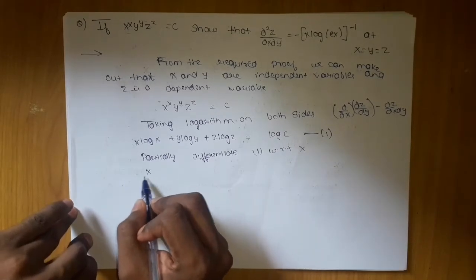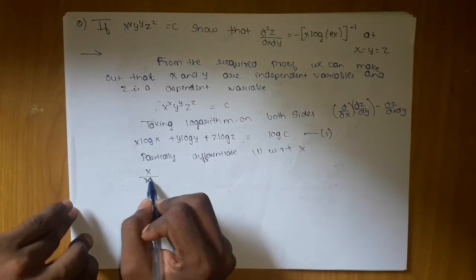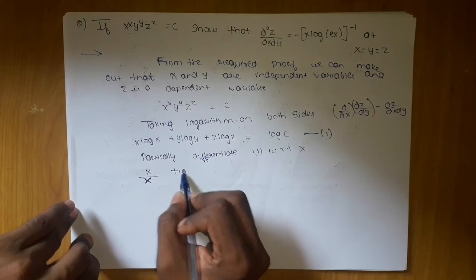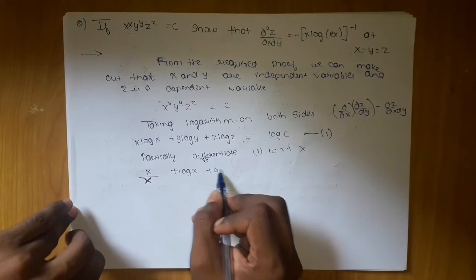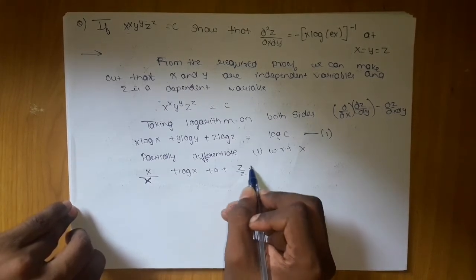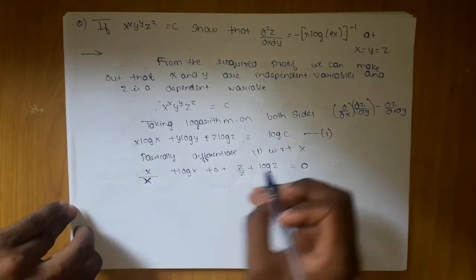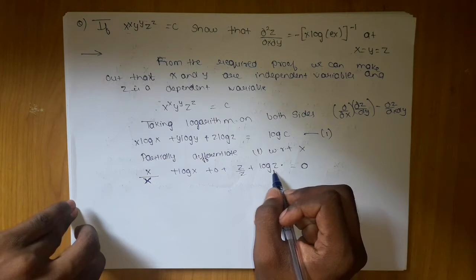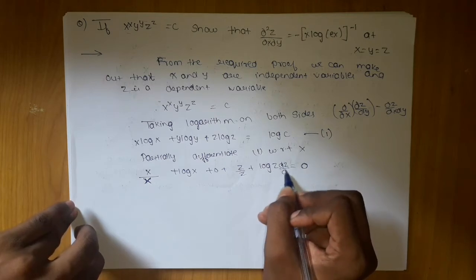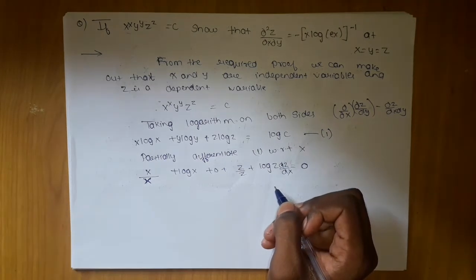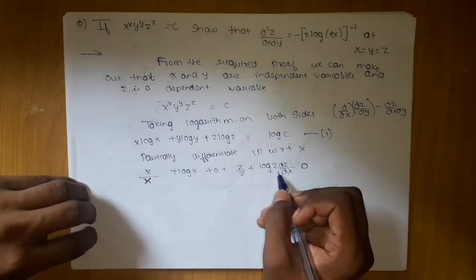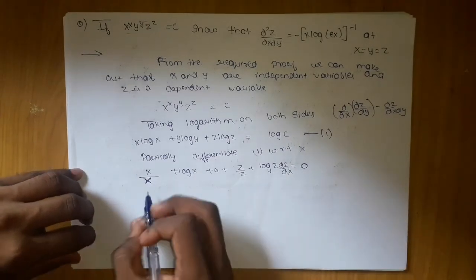If I do that, I will get x by x plus log x. This will become 0. This will be z by z plus log z, and this will be 0 into dz by dx. Don't forget this, because z is in terms of x and y.